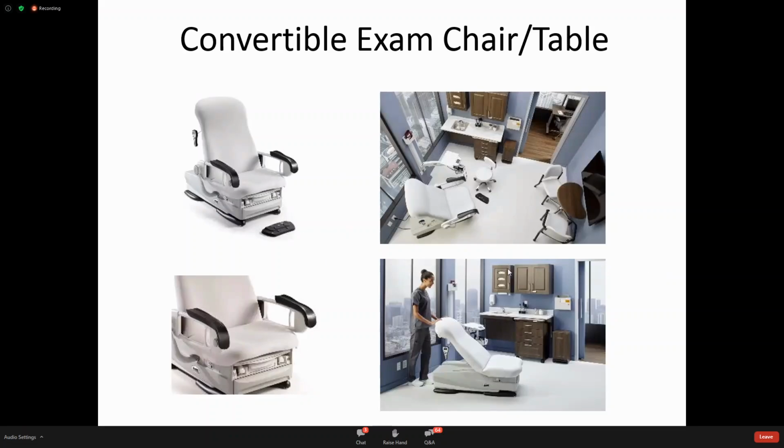What I'm showing you is a Midmark, the Midmark 626. It's got all the bells and whistles. I believe you can purchase it with more or less bells and whistles. Like I noted earlier, for a certain price, you can buy the ability to weigh the patient right on the exam table.